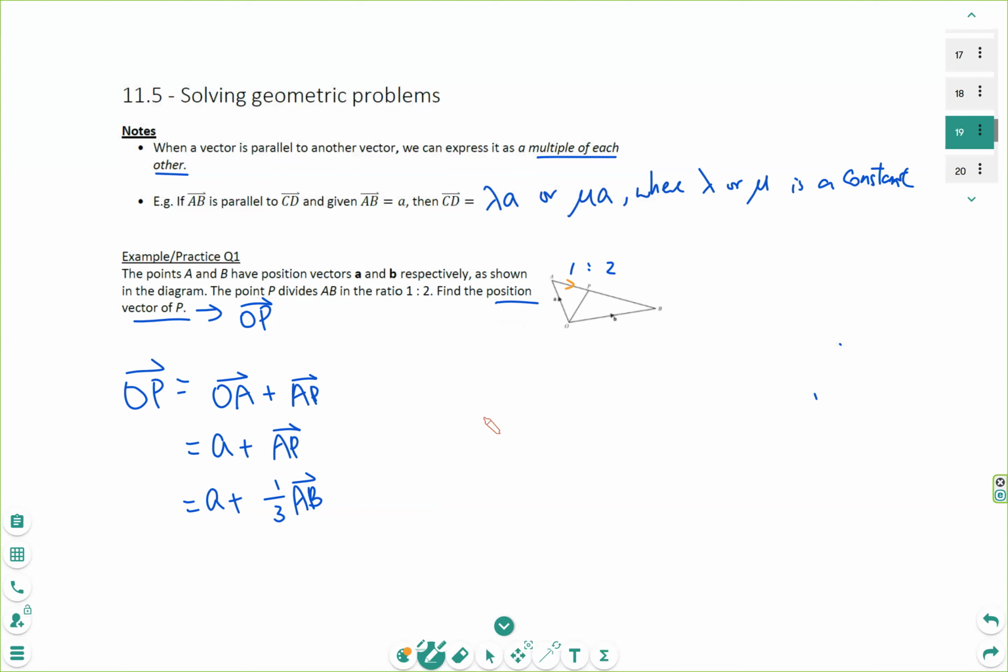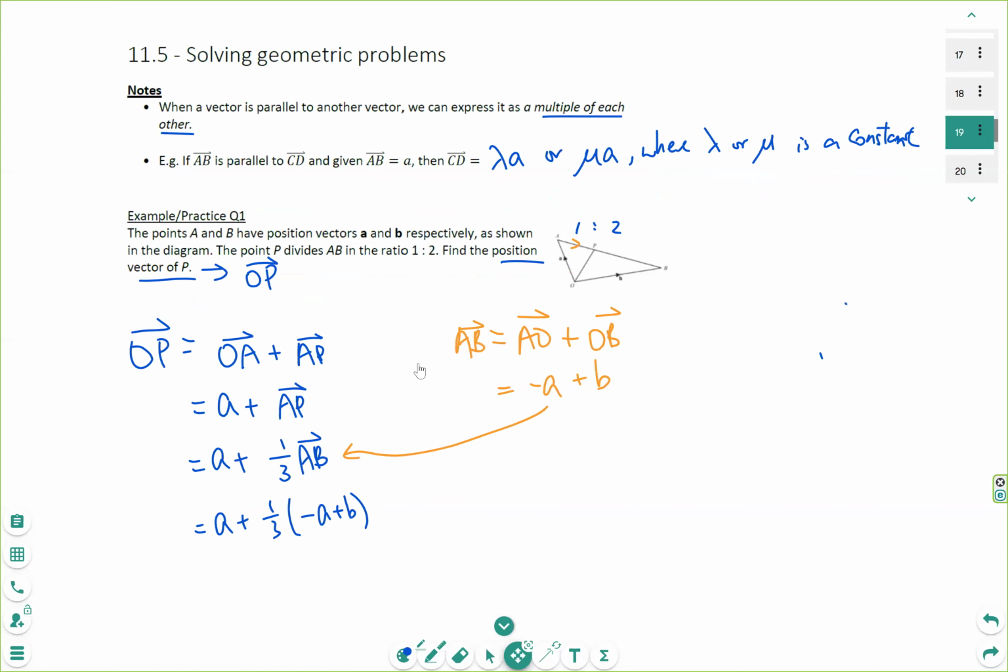On a side note, to work out AB, AB is the same as AO plus OB. AO is negative a, OB is b. So we can substitute in here: a plus a third of (minus a plus b).